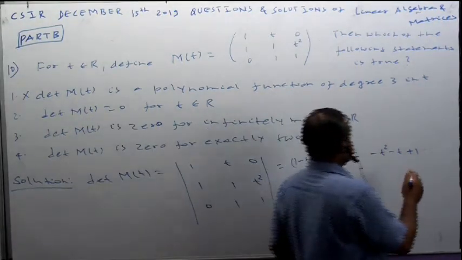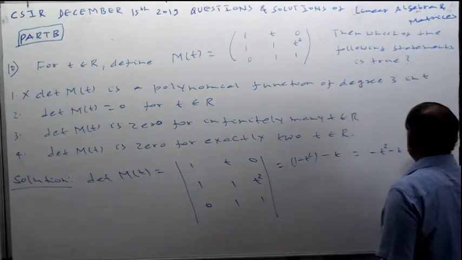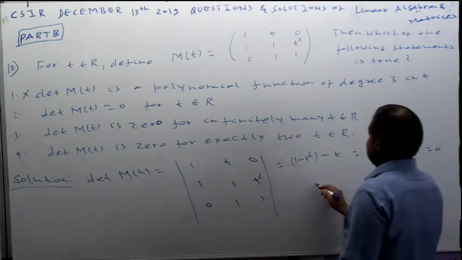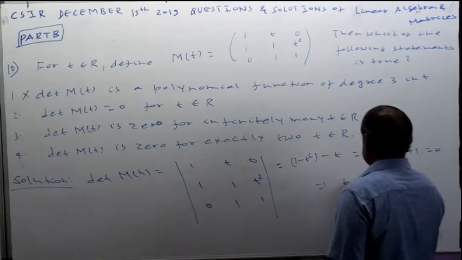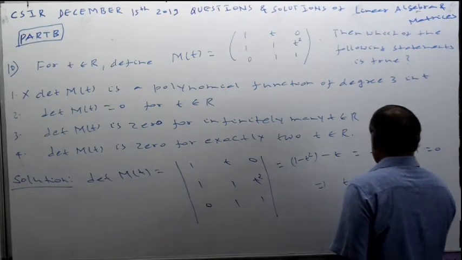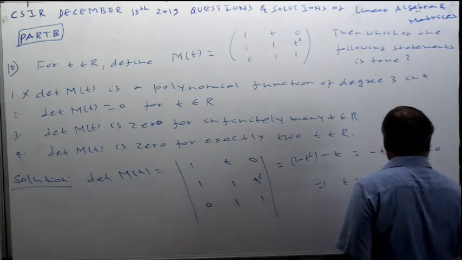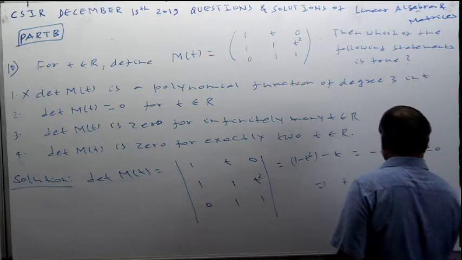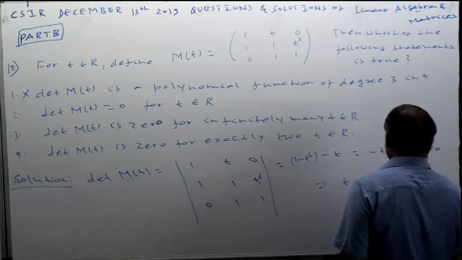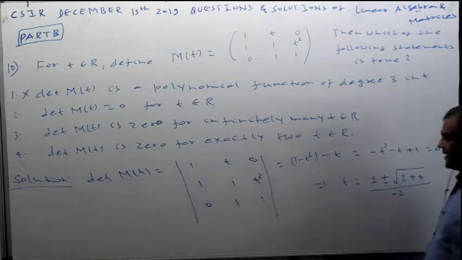Then the discussion is about this equals to 0. Now this equals to 0 implies t is minus b plus minus under root b square minus 4ac divided by 2a, that is minus 2. Are you happy?